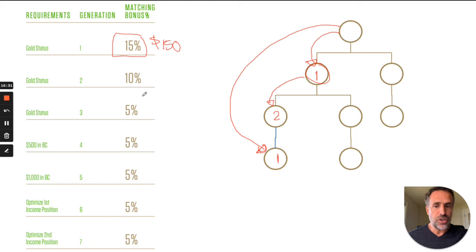So generation 2, you would earn 10%. So you would match 10% of whatever they earn in base commission. And there's no limit. So if this person earns $20,000 in a week in base commission, you would match 15% of that. So there's no limit. And that keeps on growing over time.